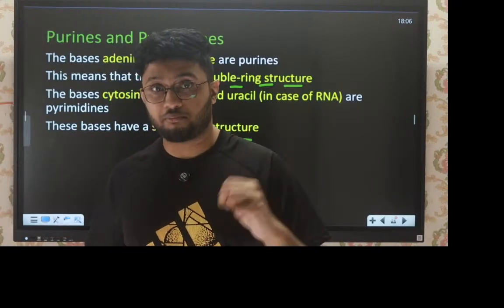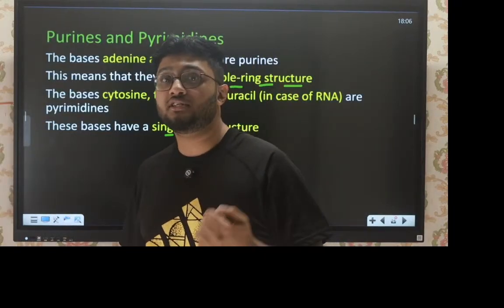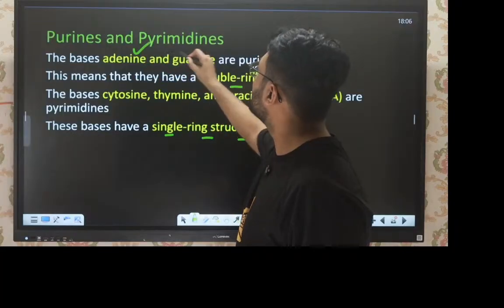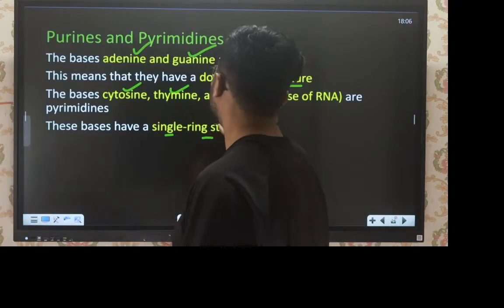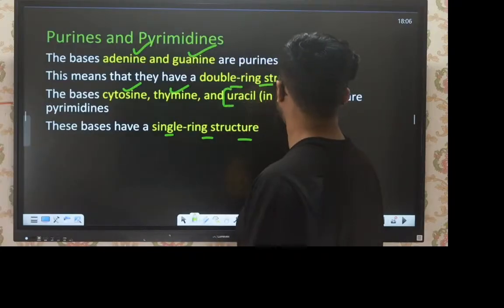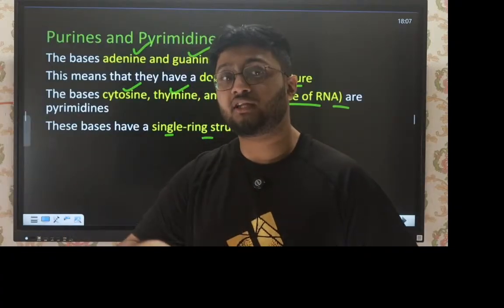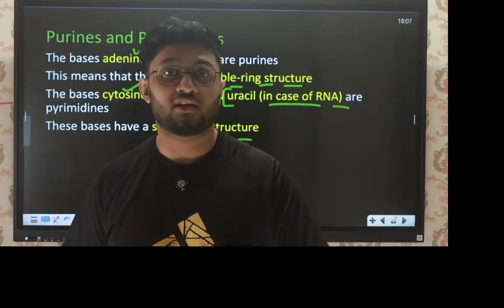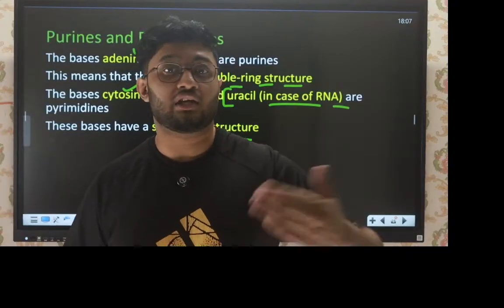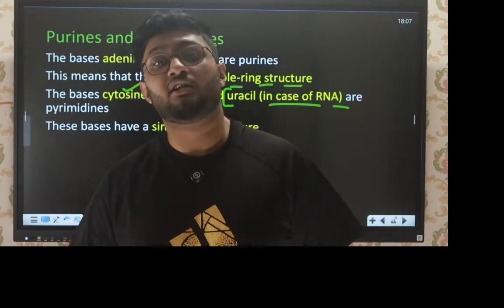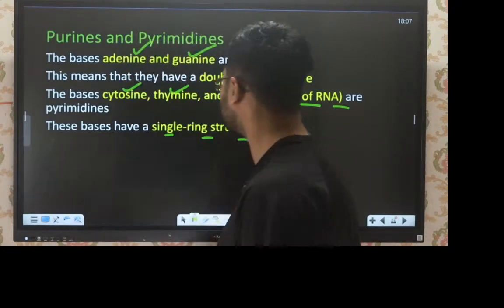Purines, double ring. Pyrimidines, single ring. Examples of purines are adenine and guanine. And the pyrimidines are cytosine, thymine, or uracil in case of RNA. Uracil is the replacement of thymine in RNA. So in DNA it's ATCG, and in RNA it's AUCG. Alright.